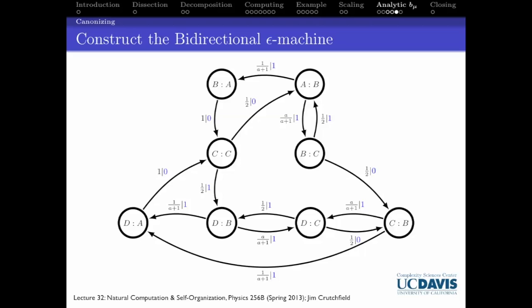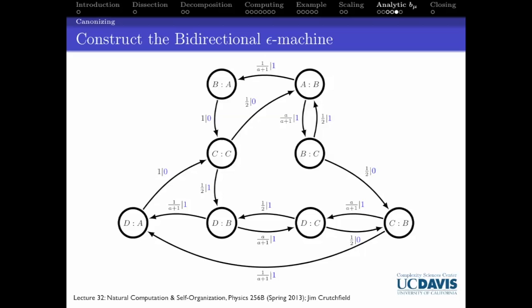Okay, so now we have the bidirectional machine, which means we can calculate the excess entropy, because the stationary distribution over this will give us a distribution over forward epsilon machine states and reverse epsilon machine states. Once we have the distribution over forward and reverse, that joint distribution, the mutual information of that is the excess entropy.